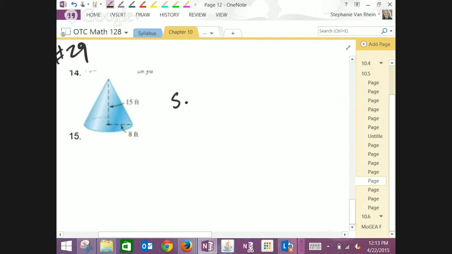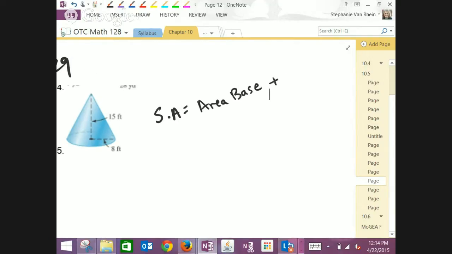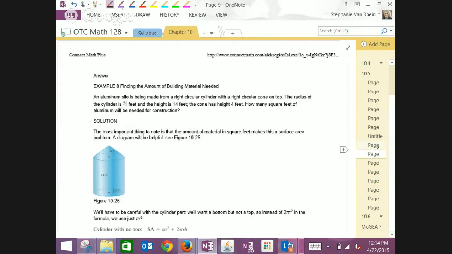So surface area here is going to be the area of the base plus the lateral surface area. If I take a circle and I fold it to a point, let's see what we get.